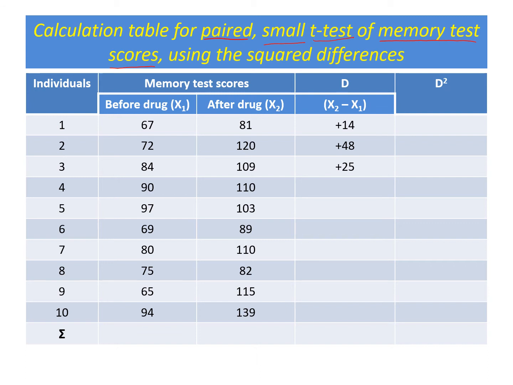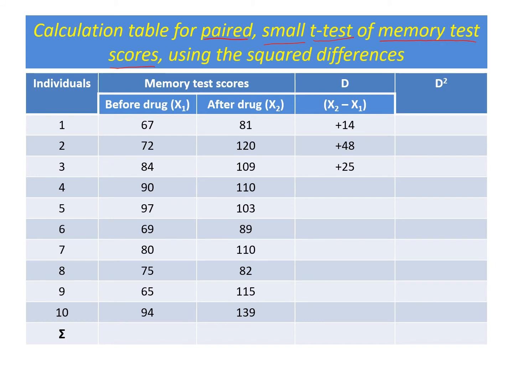See here, there is the number of individuals, and we are saying that there are a total of 10 individuals. That indicates the n, the sample size, should be 10. Here the memory test score is the dependent variable. The drug levels are before drug and after drug, so these are the two levels of the independent variable.